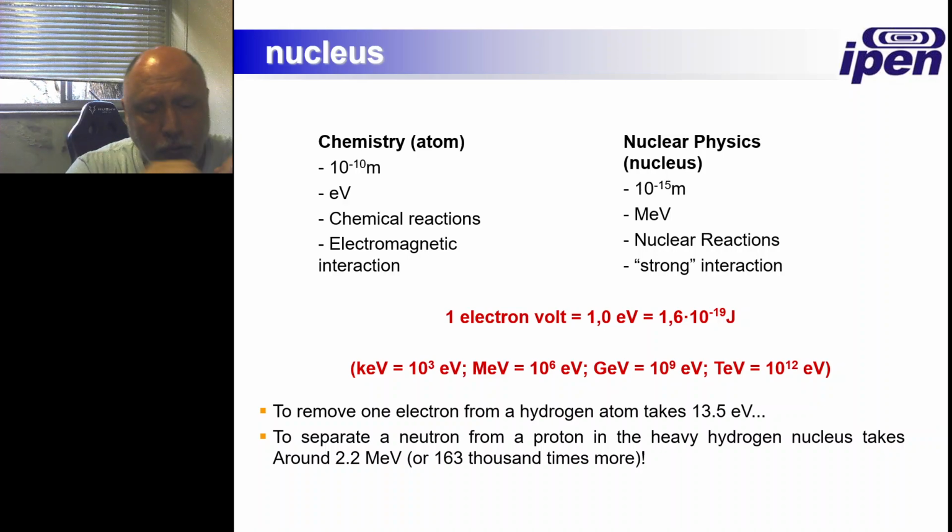To separate a neutron from a proton in the heavy hydrogen nucleus, so a nucleus that's essentially just a neutron and a proton, you would need 2.2 mega electron volts, or 163,000 times more. As you see, that 100,000 times effect comes up here quickly.